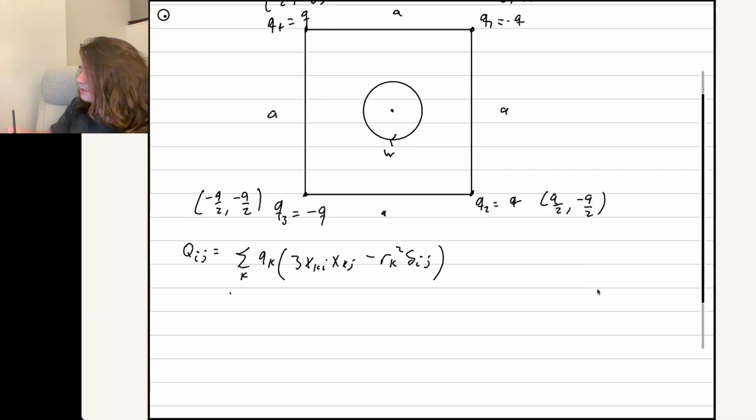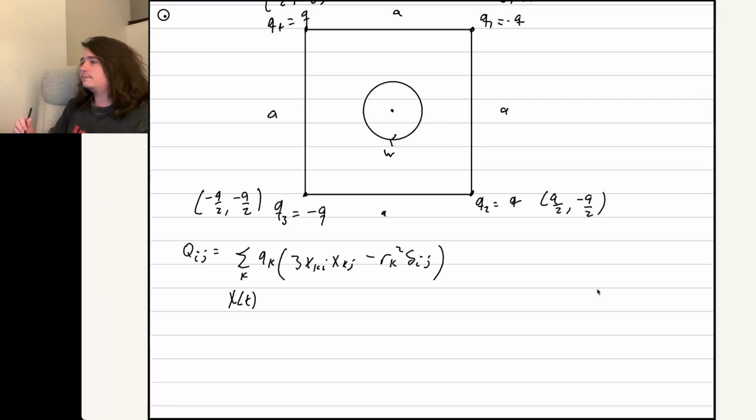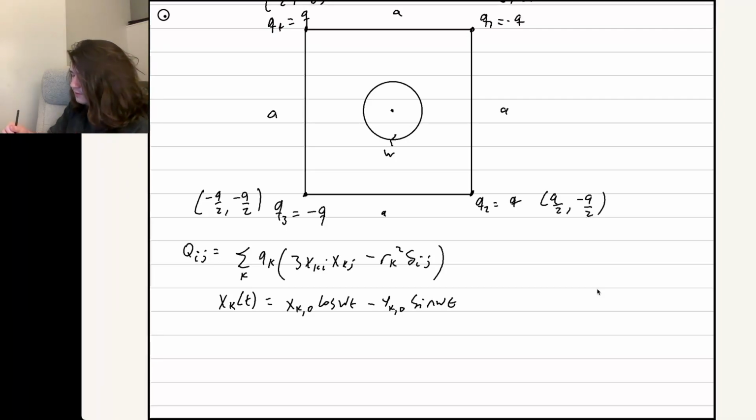And they'll take this form, where the x position of a particular particle k at time t is the initial x position of particle k times cosine omega t, minus the initial y position times sine omega t. It's moving in a circle.